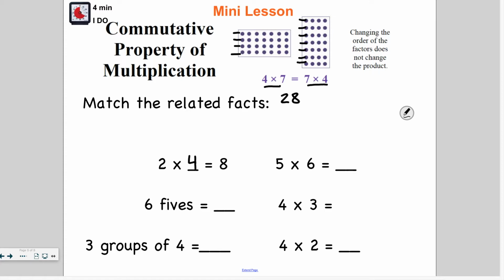The other option here for 5 times 6, I can make an array. I know that the first factor is always the number of groups, and the second factor is the size of that group. So that means I'm going to have 5 groups of 6. So let me start with one group of 6. So far I have 6, and I'm going to keep adding groups of 6 until I have 5 altogether.